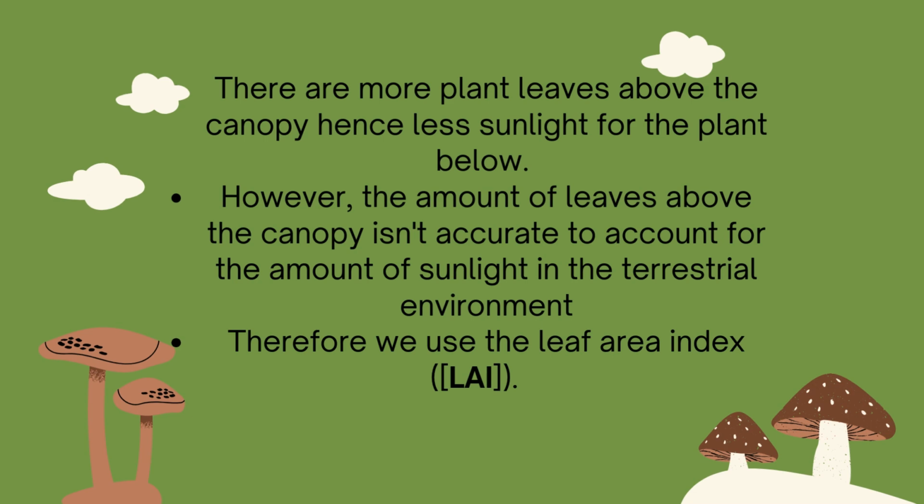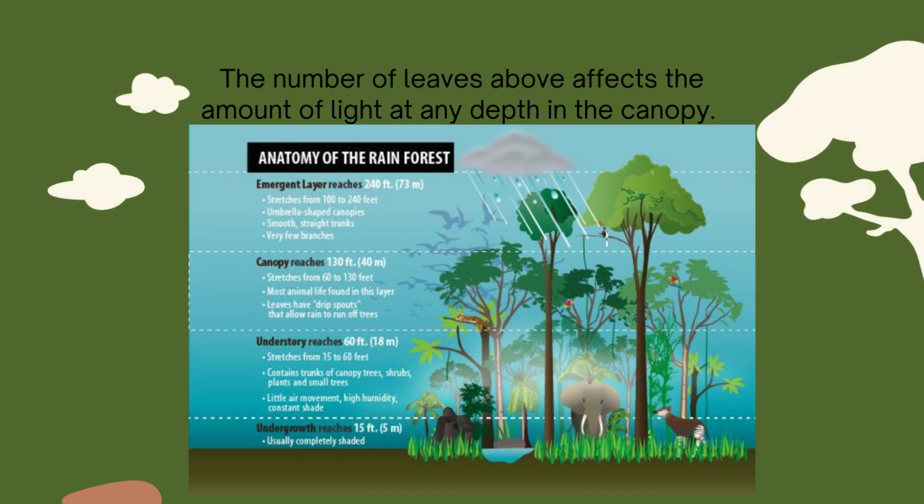However, the amount of leaves above the canopy isn't accurate enough to account for the amount of sunlight in the terrestrial environment. Therefore, we use the leaf area index, LAI. As you move from the top of the canopy to the ground in a forest, the cumulative leaf area and LAI increase. Correspondingly, light decreases.